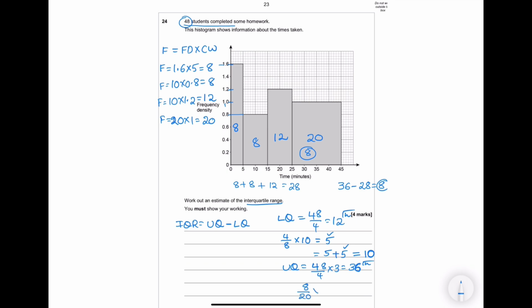So 8 out of 20 times the class width 20 as well. So that comes to 8, and the starting number in that bar is 25. 25 add 8 is 33.